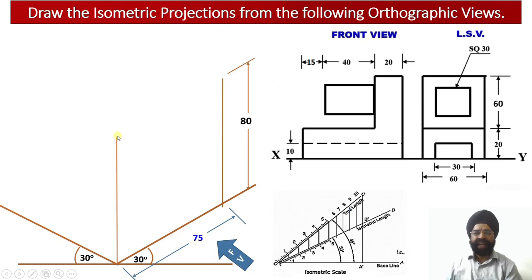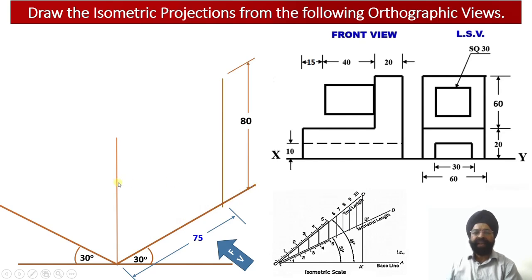The y-axis is going to represent the height of the solid, which we already know is equal to 80 millimeter. So this is the isometric y-axis and this is the isometric z-axis. Within this YZ plane, our front face of the solid will be located.